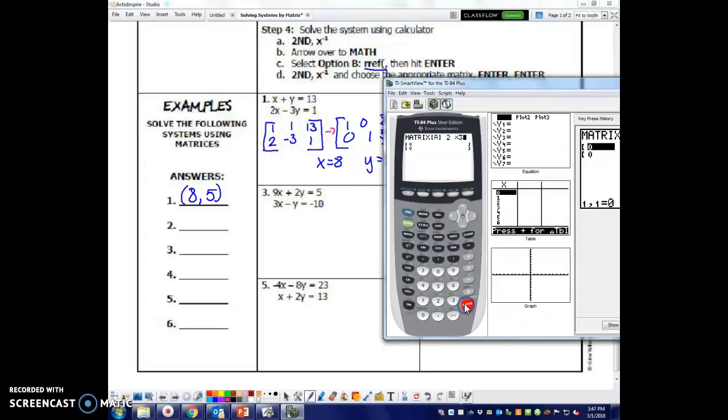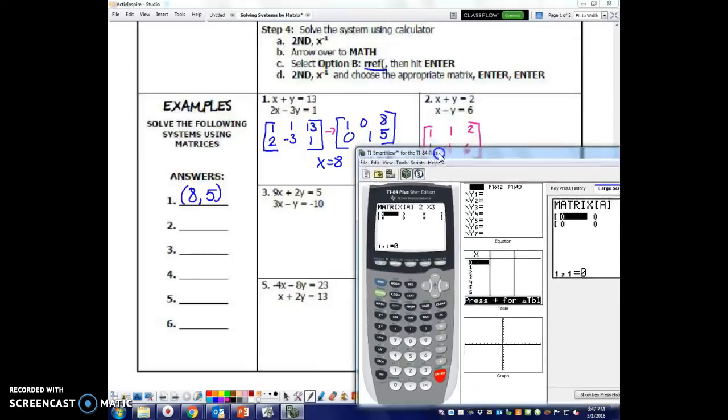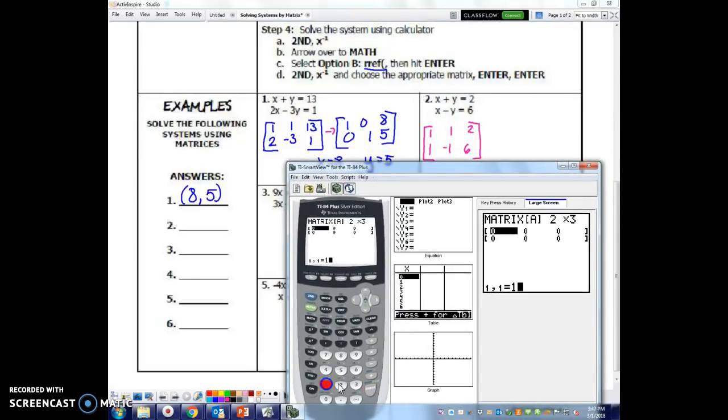Now we're just going to type in what we have. So we have a 1, 1, 2, and then 1, -1, and 6. Now we got to quit. Go back into matrix, over to math, RREF.